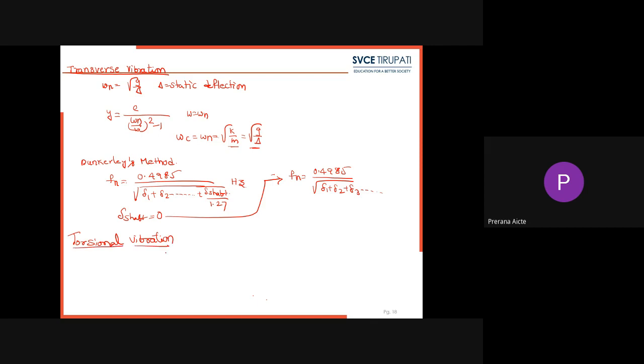The torsional stiffness can be represented as q is equal to G J divided by L. G is the rigidity modulus, J is the polar moment of inertia, L is the length of the system, and theta is the angular displacement of the disk, which will be measured in the next equation.